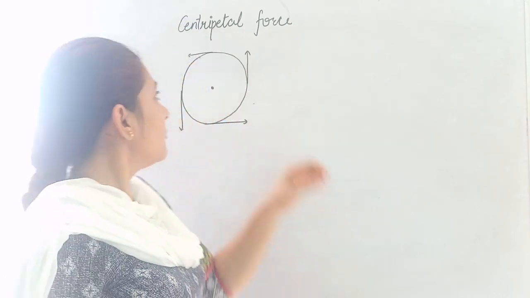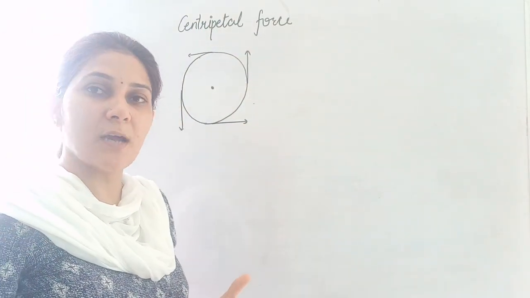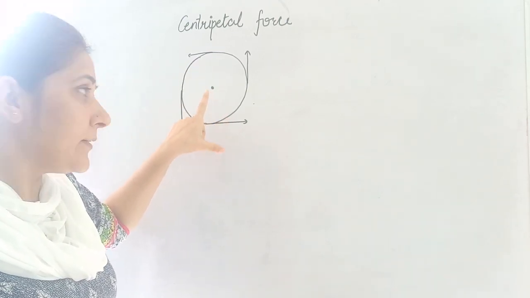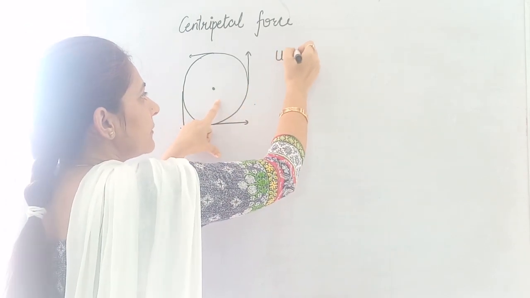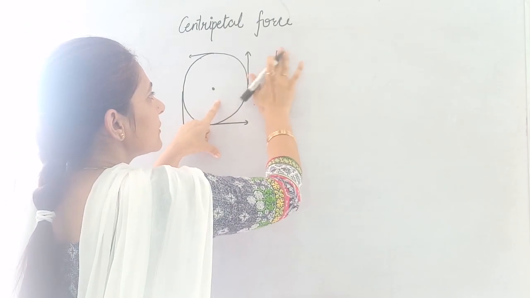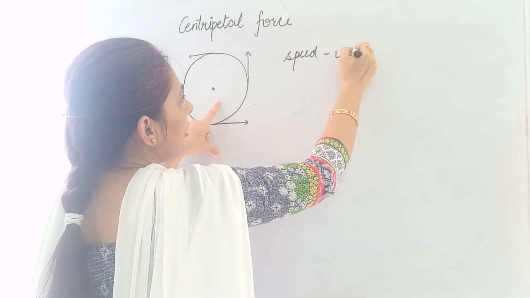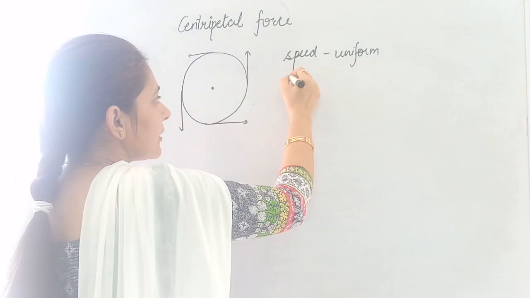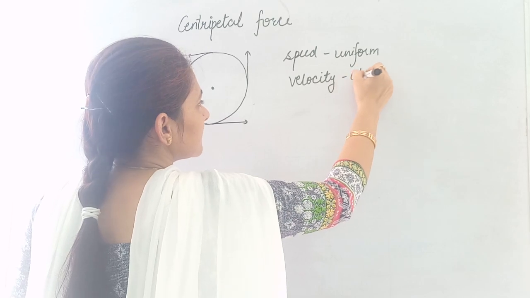Now we will talk about centripetal force, one of the concepts included in this chapter. Just now we studied that when particles are moving in circular motion, the speed of the particle is uniform. But at the same time we discussed that the velocity of the particle changes.